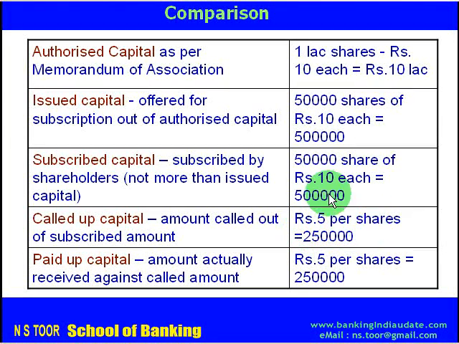So if the entire amount is received, it becomes 2,50,000. Now paid up capital. This is the amount actually received against the called up amount. So the called amount was 2,50,000. If the entire amount is received, then paid up capital also becomes 2,50,000. It is paid up capital only that is accounted for in the balance sheet of a company. Other capital terms are simply mentioned, but they are not taken as part of the total of the balance sheet.